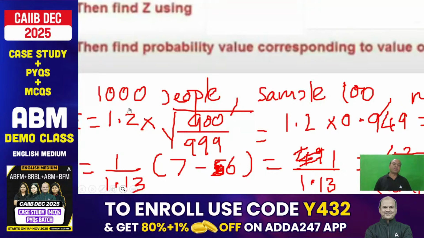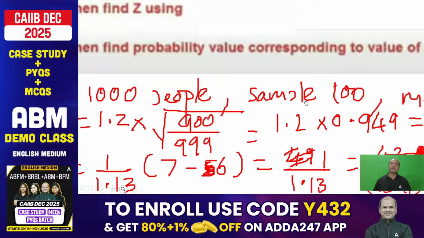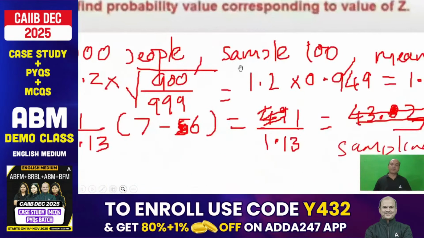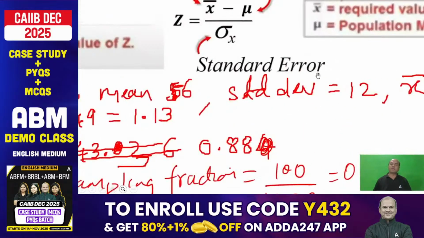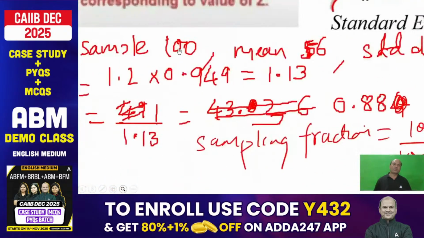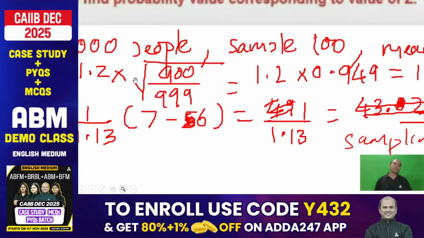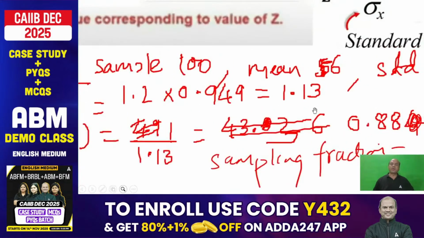And this side is psi, standard deviation, upon root of n, where n is the sample size. Standard deviation is given as 12, so 12 upon root of 100, which is 12 upon 10, so it is 1.2. So 1.2 into root of 900 upon 999. If you solve this, you will get 1.13.